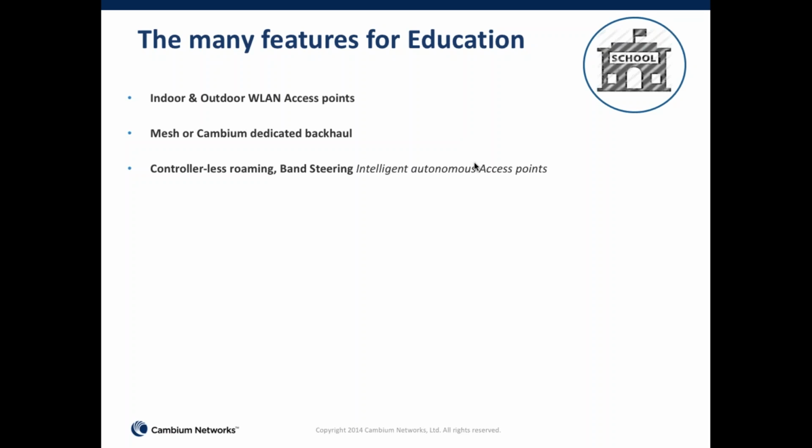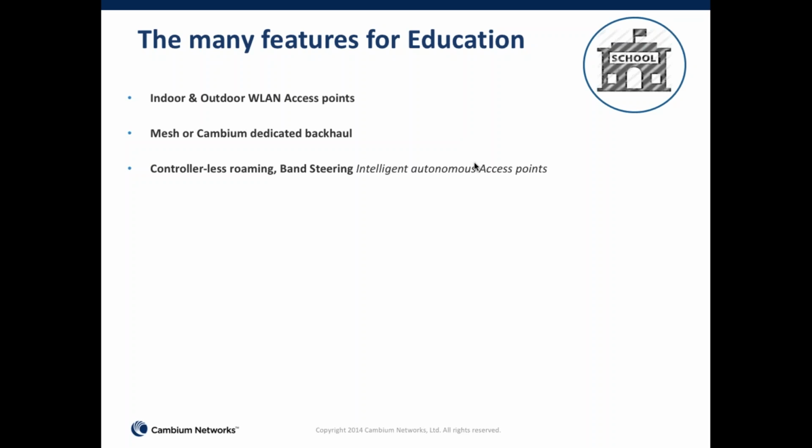You can also do band steering. A lot of the equipment today comes in 5 gigahertz. For example, iPhones and Samsung equipment, almost all of them support 5 gigahertz. Most laptops support 5 gigahertz. So where the access point sees a client device capable of 5 gigahertz operation, it steers the client device over to 5 gigahertz from 2.4.